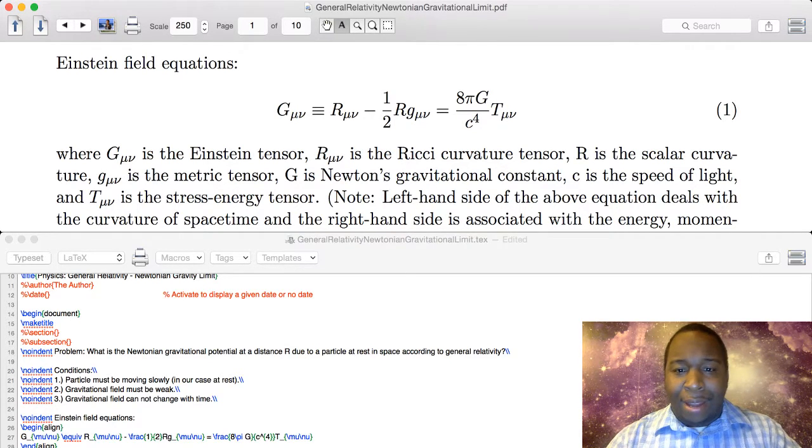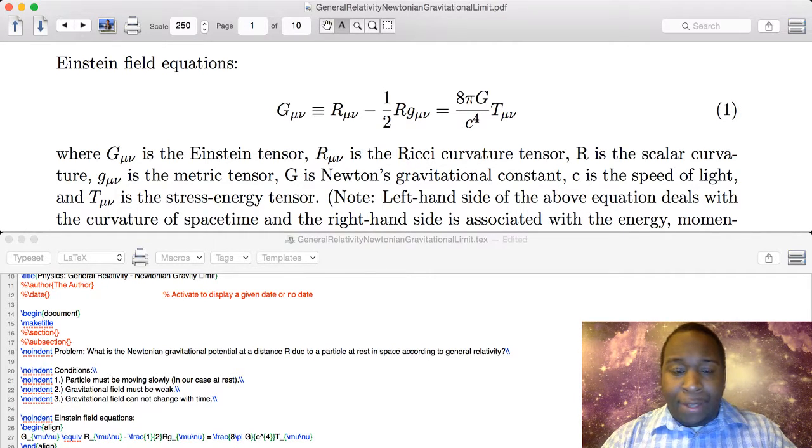To summarize that, T sub mu nu is our stress-energy tensor, which is a 4x4 matrix, which basically yields all the information that's intrinsic to the mass within our system.